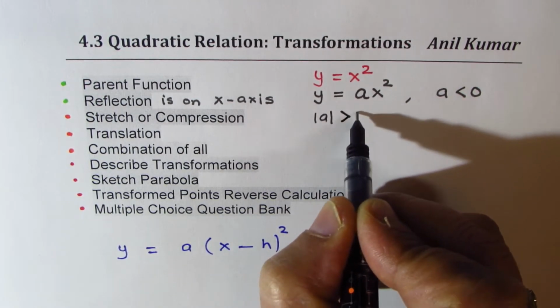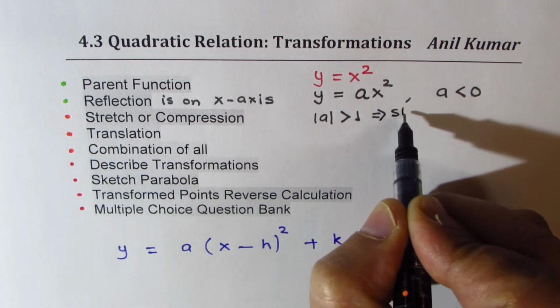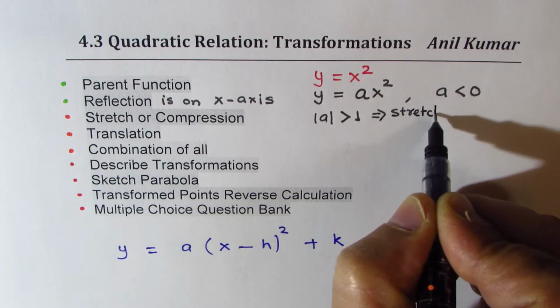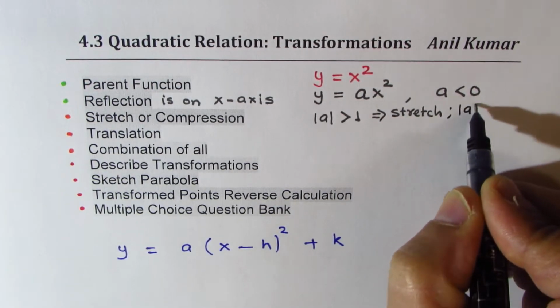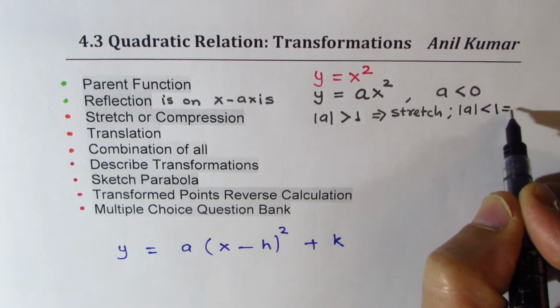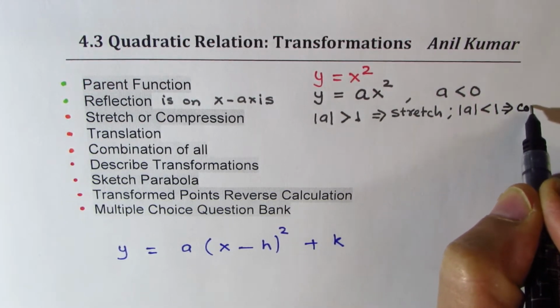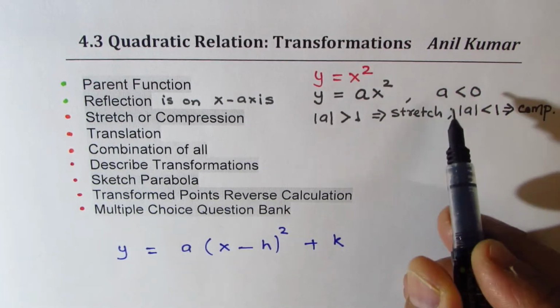If it is greater than 1, then we have a stretch. And if the magnitude of a is less than 1, in that case we are compressing. So it's like vertically pulling up and down.